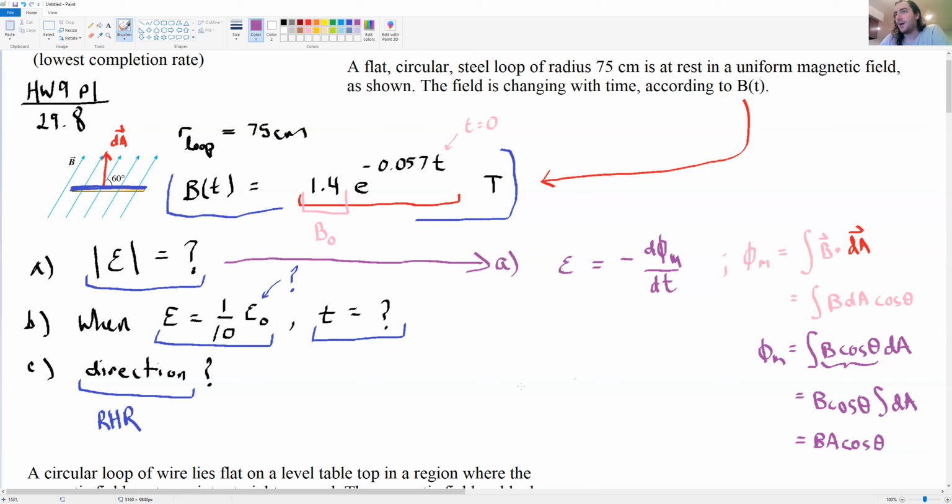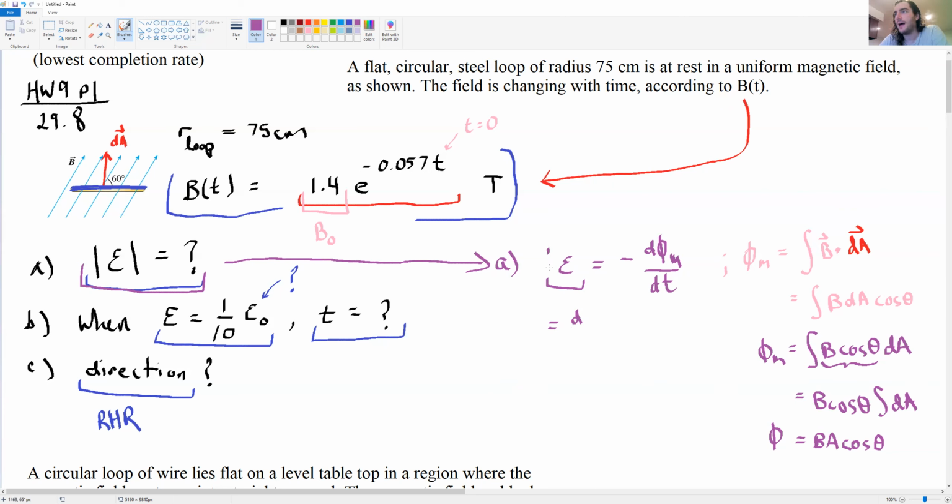All right, so BA cosine theta is the magnetic flux. Remember what we're looking for. We're looking for the EMF, and the EMF is the rate of change.